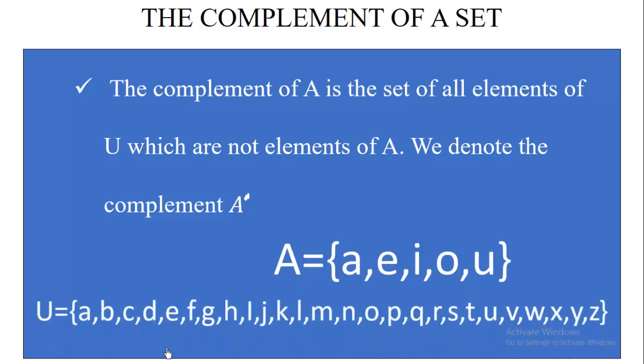So we have the universal set, so all the elements of U which are not elements of A. So B is not an element of A, C is not an element of A, D is not an element of A. So the complement of A will be equal to the set of the consonants.